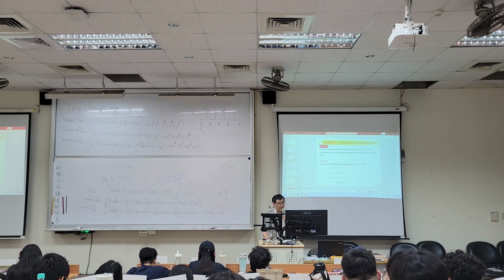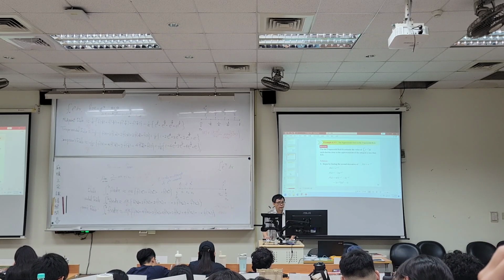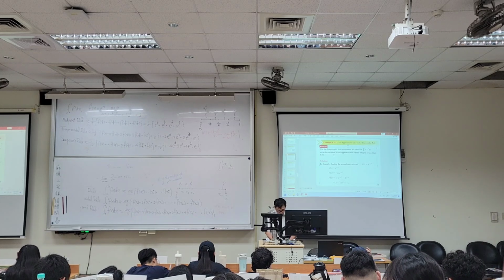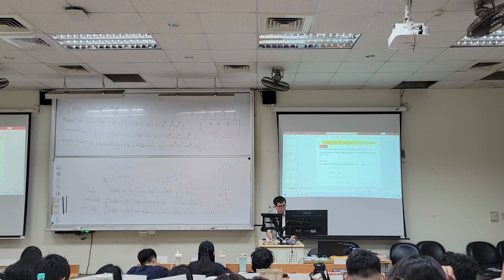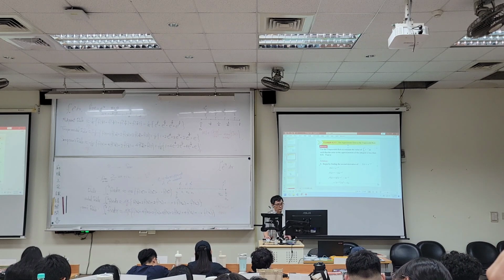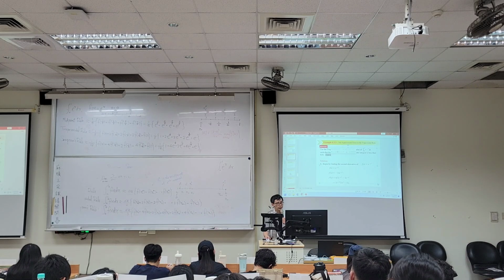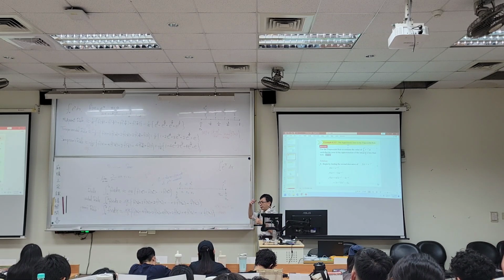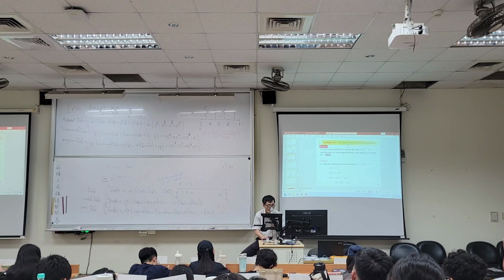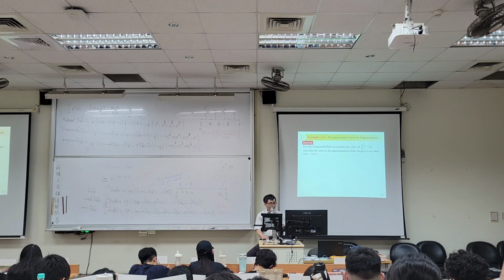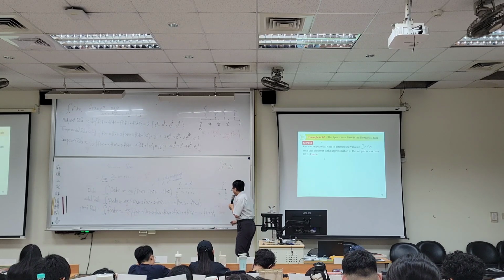This question says we need to find n. If you just partition 0 to 1 into more intervals, you will get more accurate results. So I want to find n such that the trapezoidal rule estimates this integral with error less than 0.01.